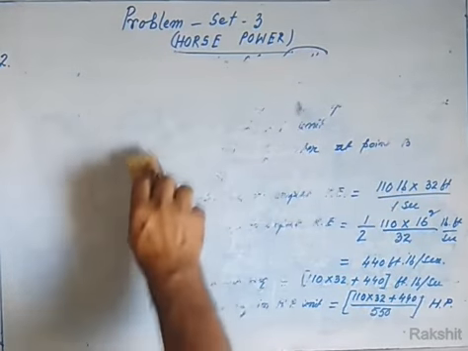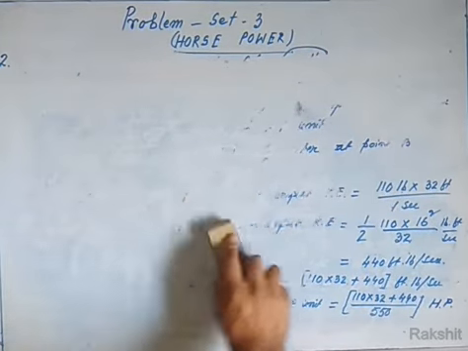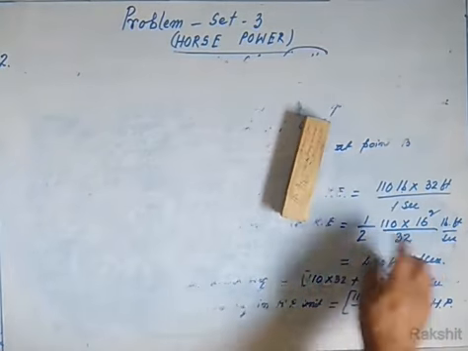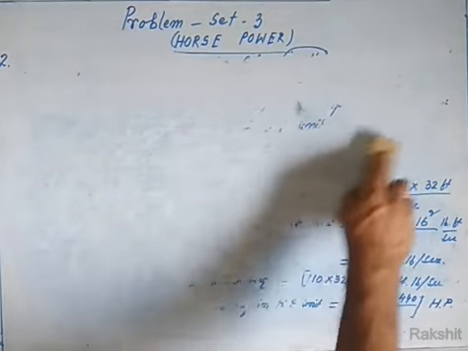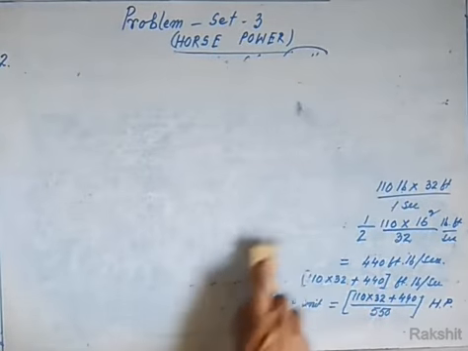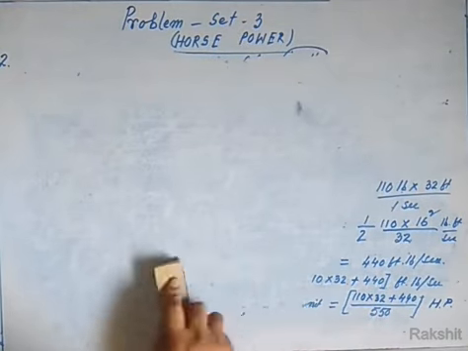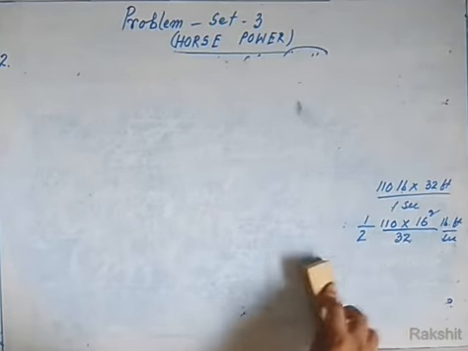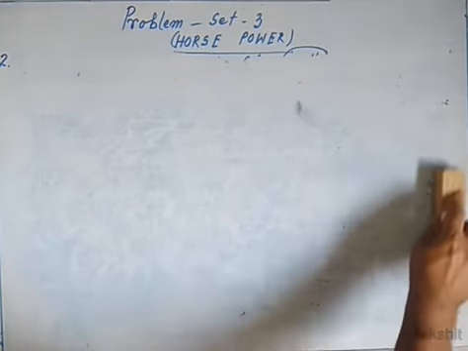And when you calculate the kinetic energy, half mv square whole divided by 32. This must be remembered. Otherwise, the process will be wrong. But in case of potential energy, only foot and pound should be multiplied. Okay.